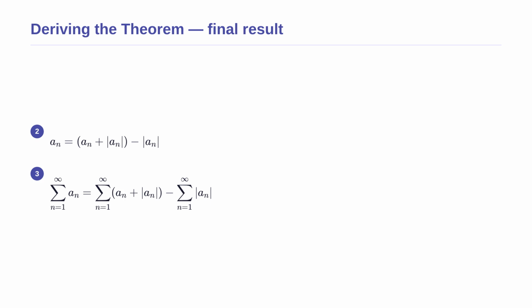Finally, we apply the summation operation to both sides of our rearranged equation. Since we just proved that the first sum on the right side converges, and we already knew the second sum converges by our initial assumption, their difference must also be a finite number. Subtracting one finite number from another finite number always yields a finite result. Therefore, the original series converges, proving that absolute convergence strictly implies ordinary convergence.